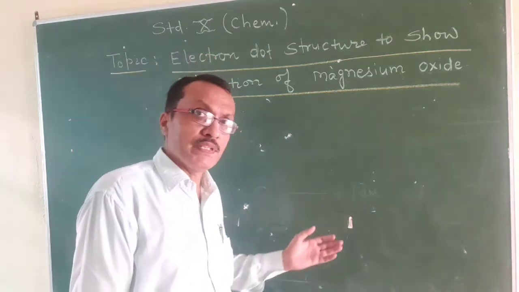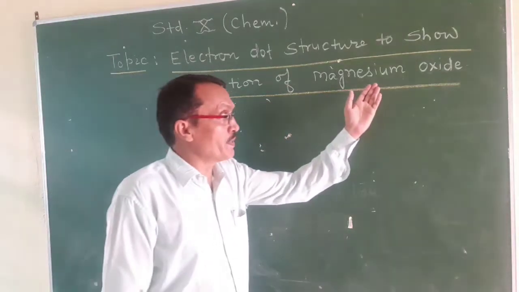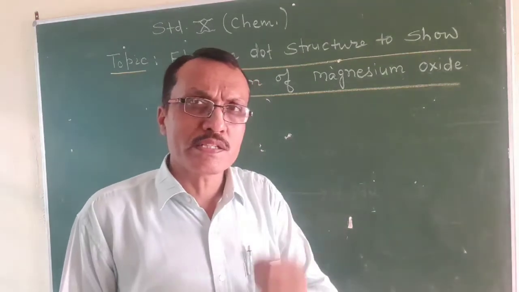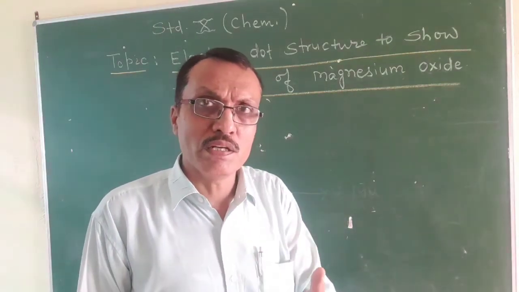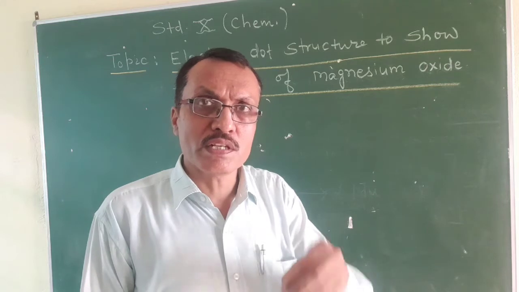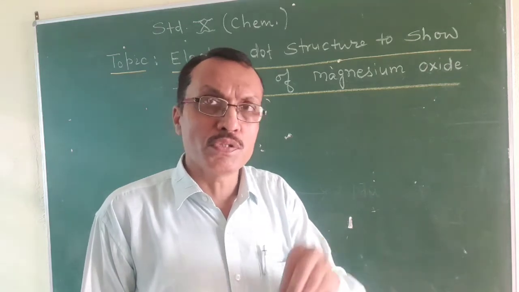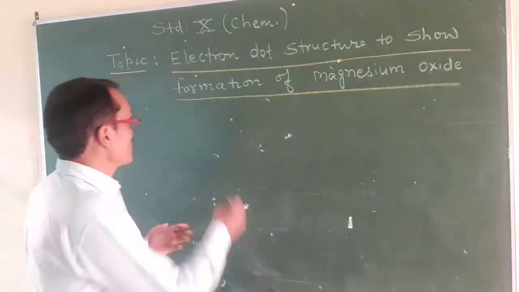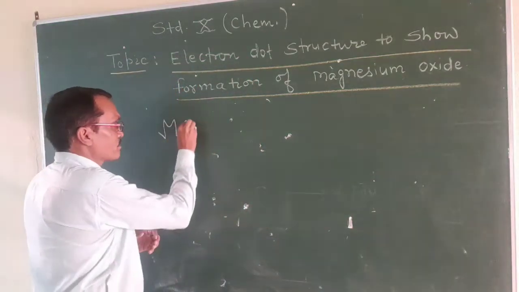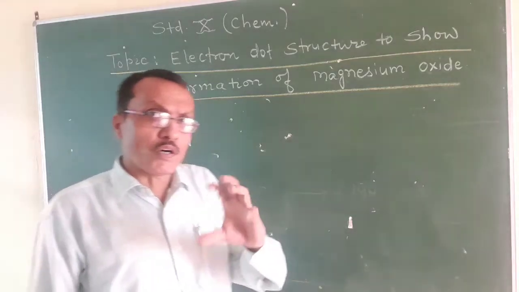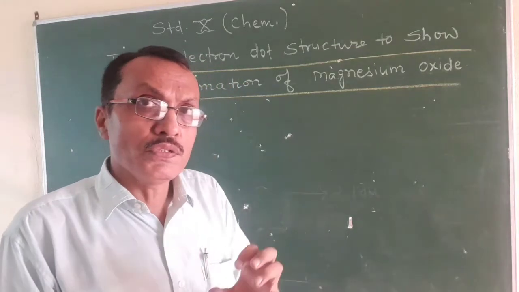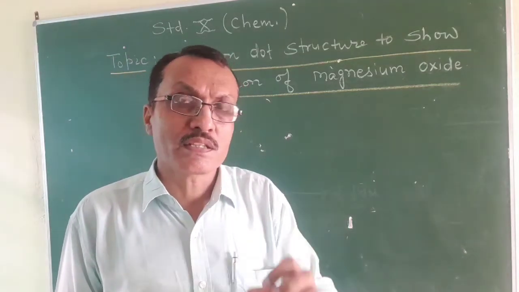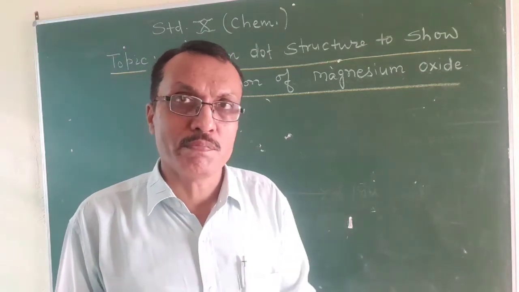Students, let me explain the topic magnesium oxide. In magnesium oxide, magnesium is a metal, and metal during a chemical reaction loses electrons and forms a positive ion. How many electrons will magnesium lose? For this, you have to consider the electronic configuration of magnesium.